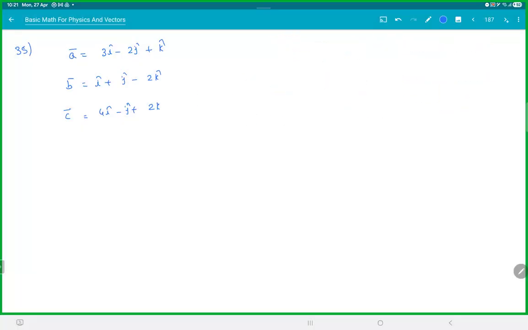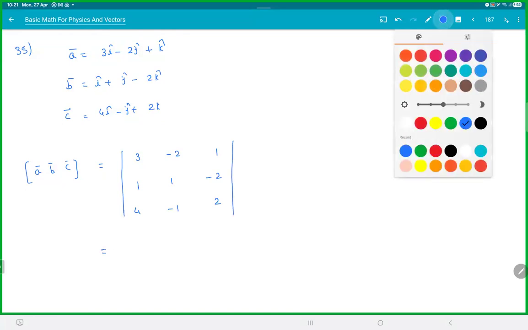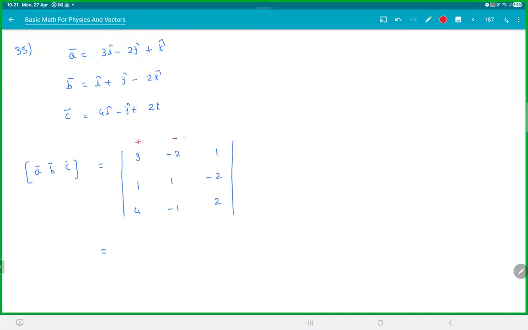Let's see. Box ABC, coefficients 3. Just try to be careful with the signs. Like one sign, everything will go for a toss. 3, minus 2, 1, 1, 1, minus 2, 4, minus 1, 2. Plus, minus, plus.